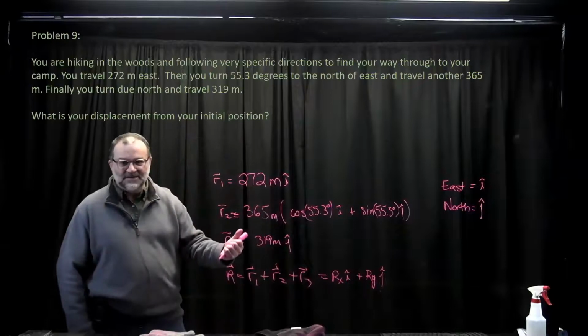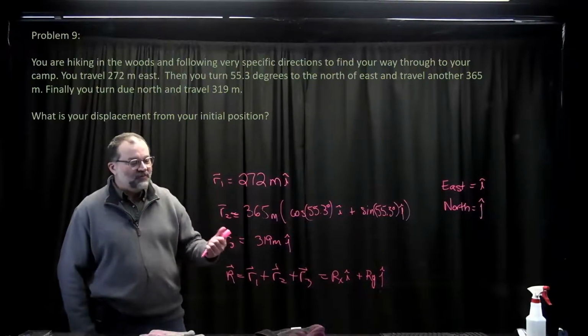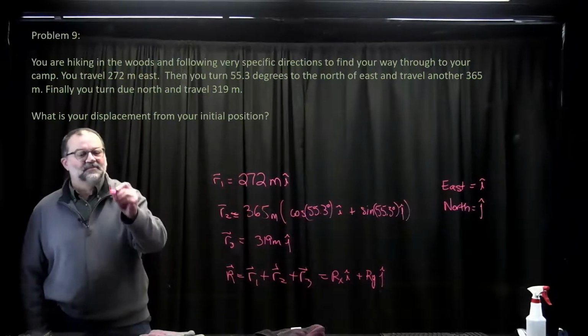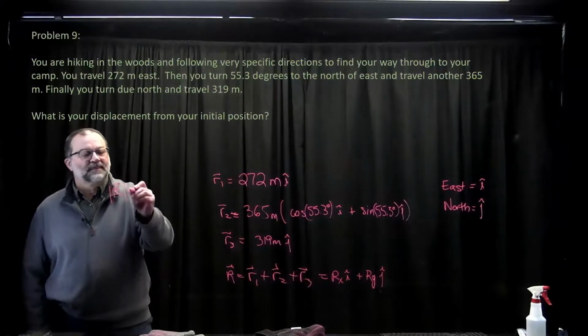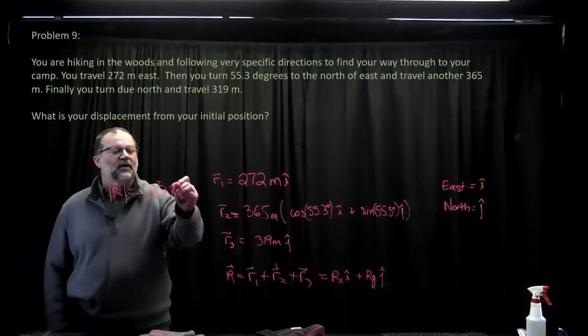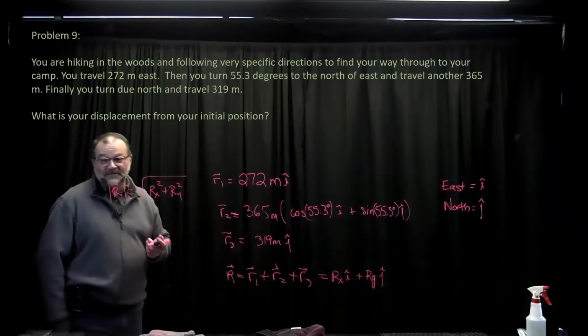It's going to have an X component and a Y component. The question is, how far are you from where you started? Well, that is just the magnitude of R, which is Rx squared plus Ry squared quantity square root. And that's it for this problem.